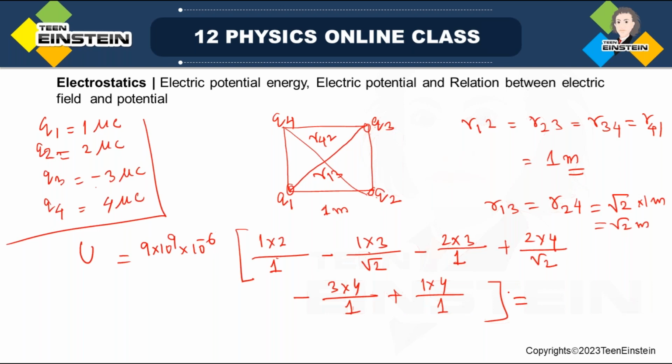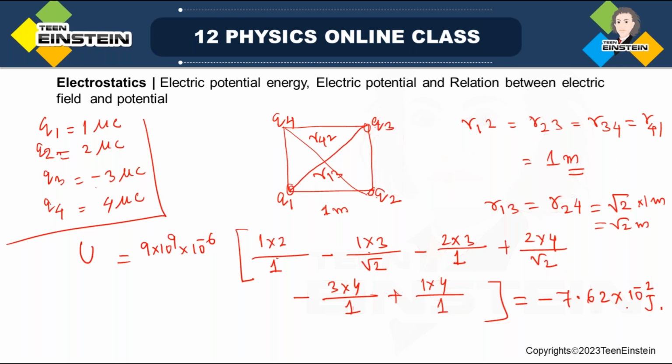So look here, if we do the proper calculation and write the answer, what will it be? Since it is work done, as we had seen when we calculated through work done, it will be in terms of joule. The result will be minus 7.6 into 10 to the power minus 2 joule.